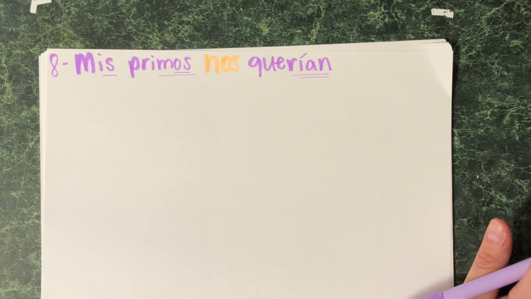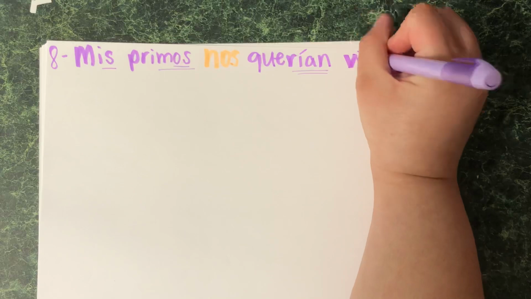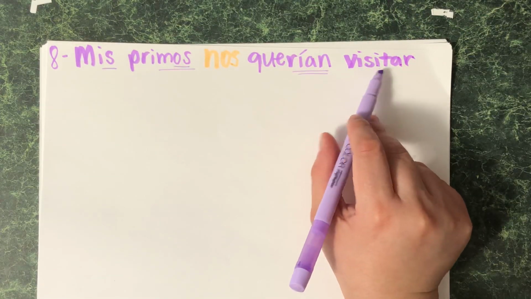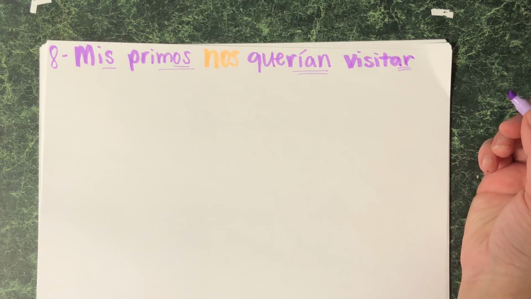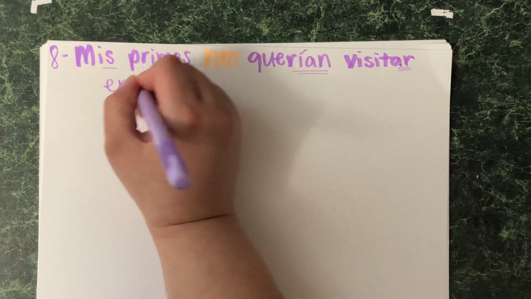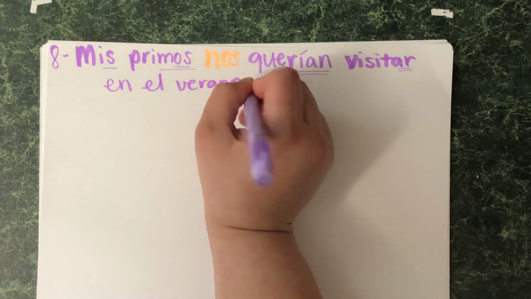Querer plus a verb. To visit. Visitar, you don't have to conjugate. Second verbs don't ever get conjugated, so leave it in visitar. Nos querían visitar in the summer. And one summer, el verano.